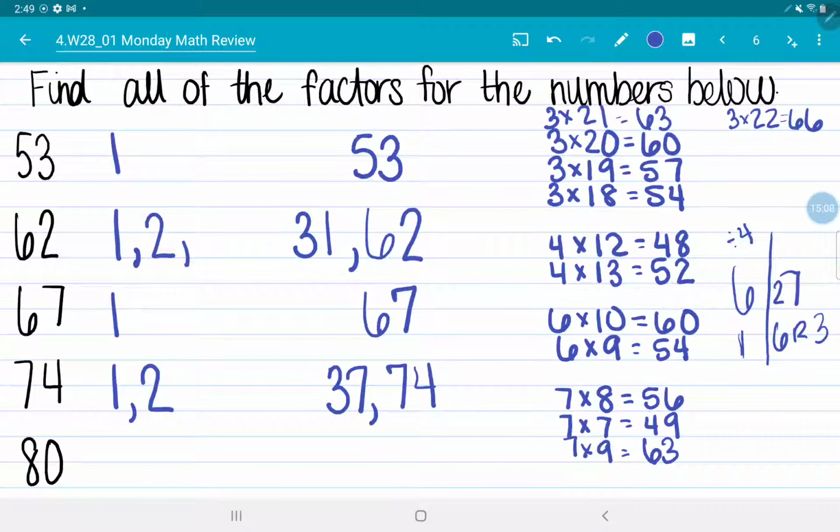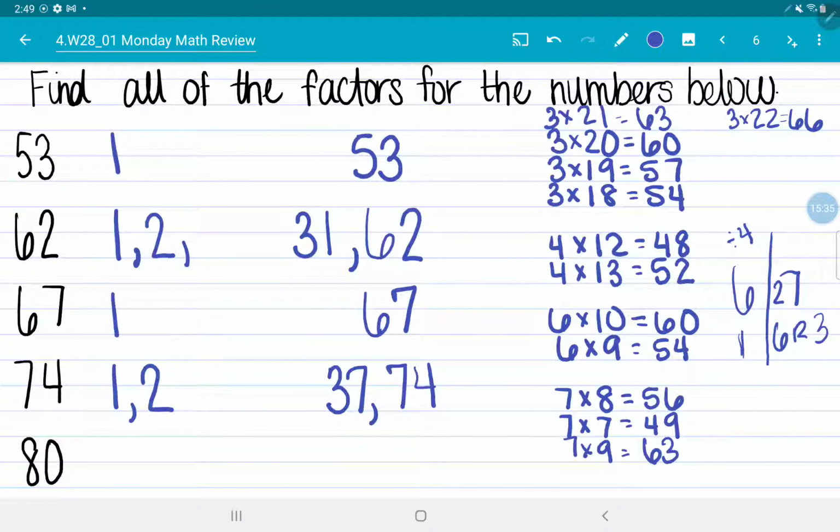All right. So we've got 2 as a factor, 2 and 37. Is 3 going to be a factor of 74? Nope. How about 4? Nope. 5? Doesn't end in 0. 6? Nope. 7? Nope. 8?